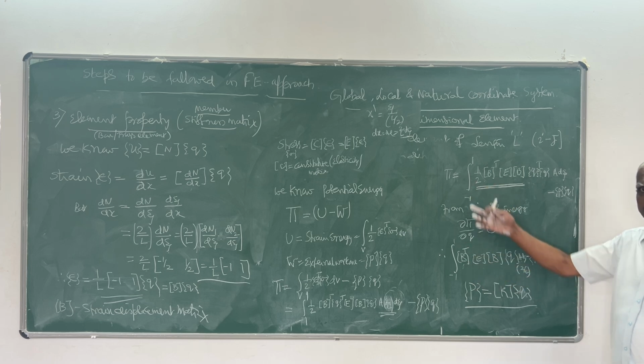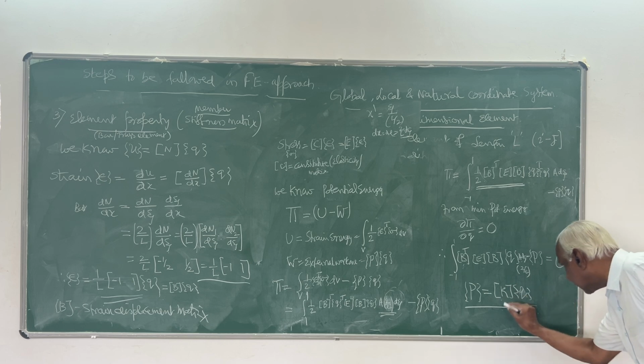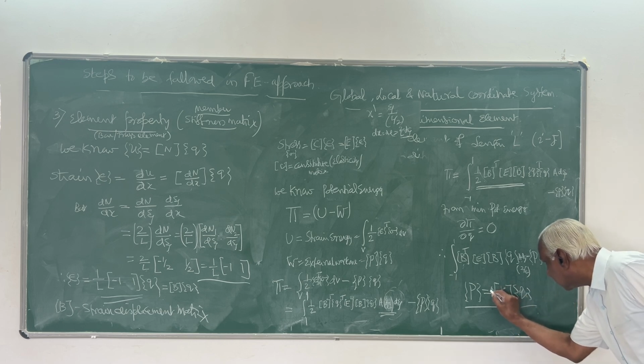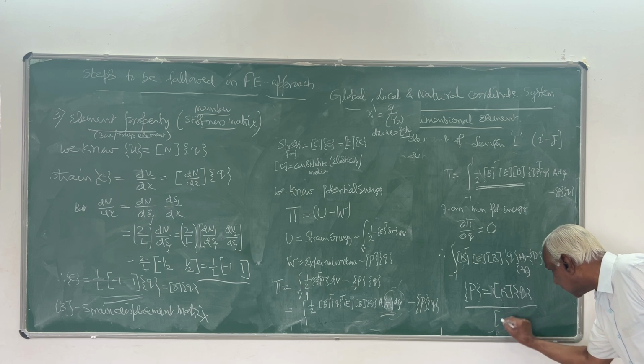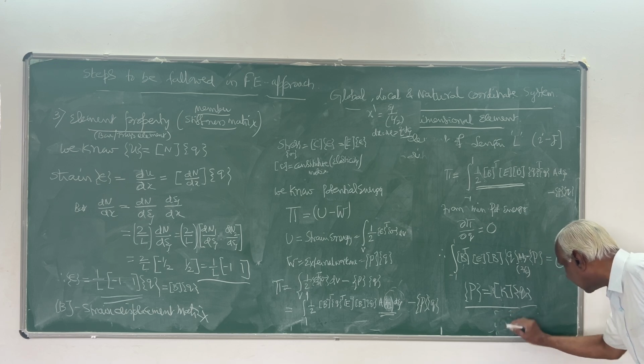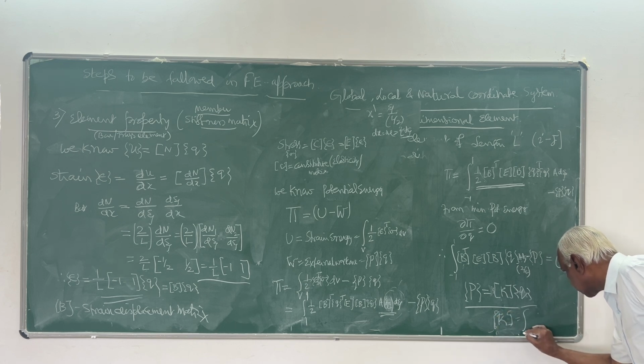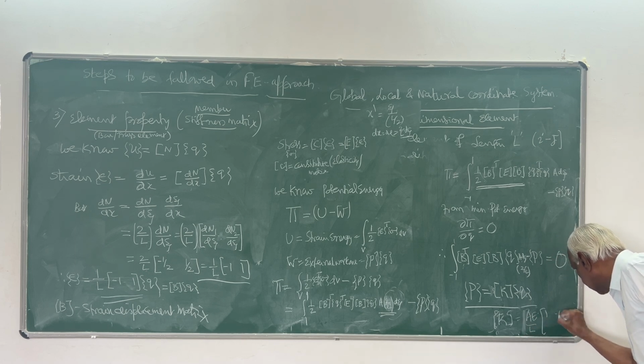One is B transpose, one will cancel with another. Finally, you will get this K as the integral from minus 1 to 1 of this. You will get AE by L, and that limit B after substituting will give this.